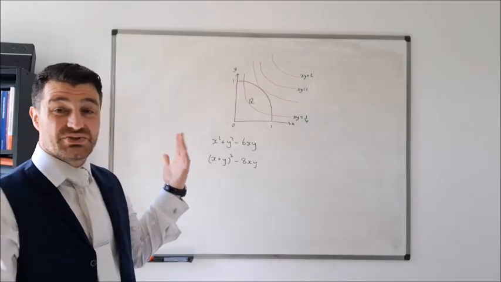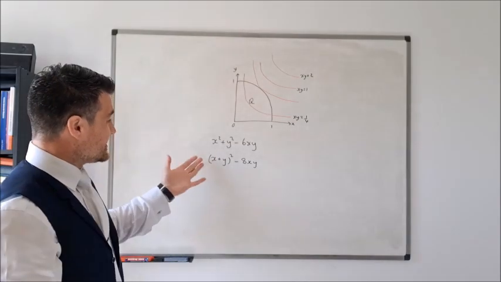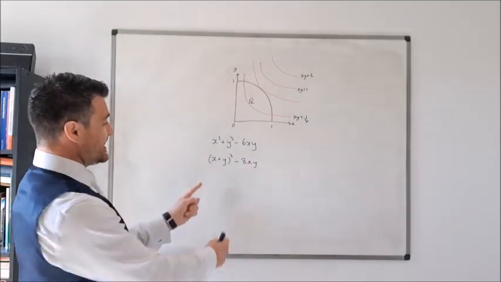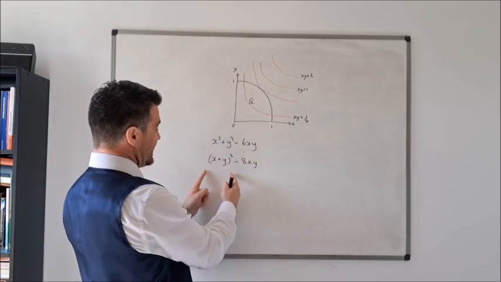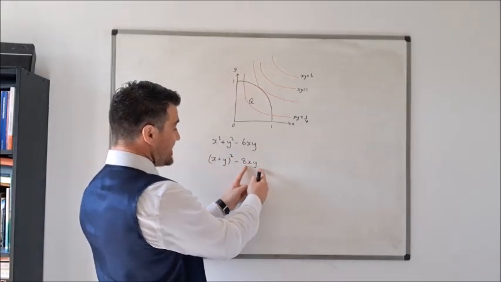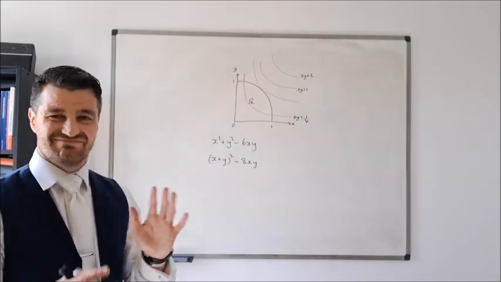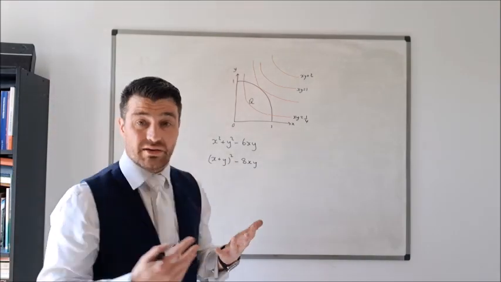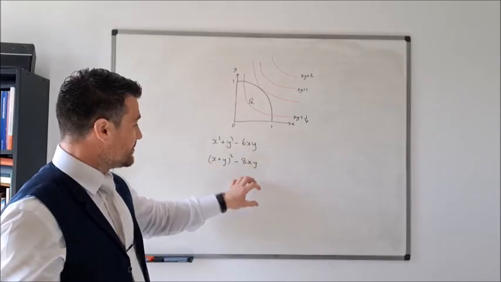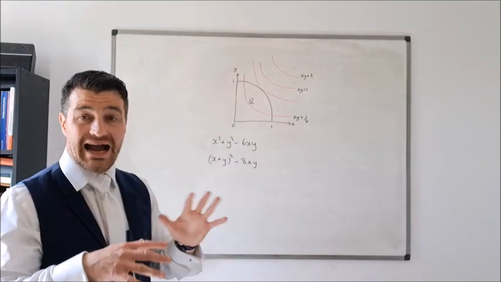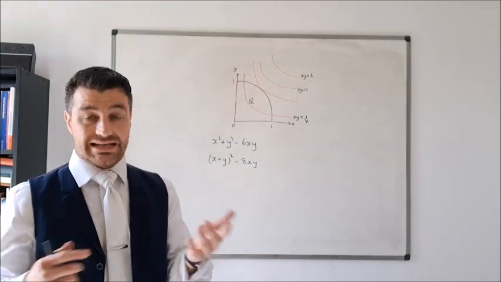Okay, so this doesn't work. Why? Because to maximize this expression, we're going to need to maximize this bit, the (x plus y) squared, and minimize this. Okay, I'm not saying that that's not possible to do. It's just, it's not going to be clear from what I've got here how I'm going to do that at all.